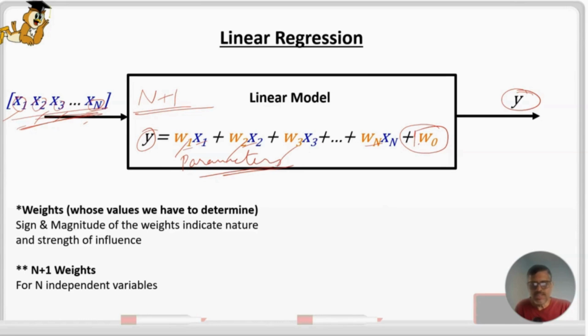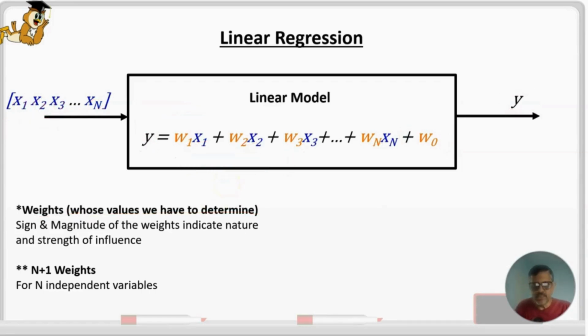Exactly what I said: the weights are the variables whose values we have to determine. Those are the characteristics of the model. They define your model. And as you can see in this linear combination, the sign and magnitude of the weights indicate the nature and strength of influence.